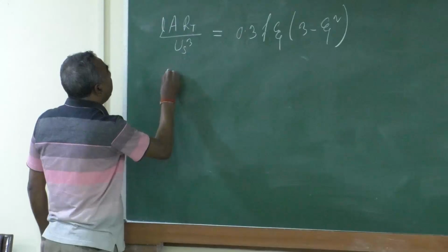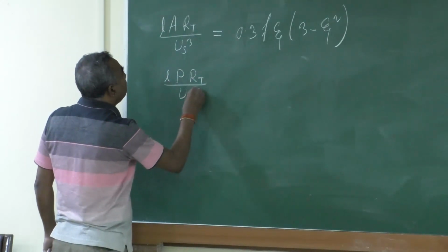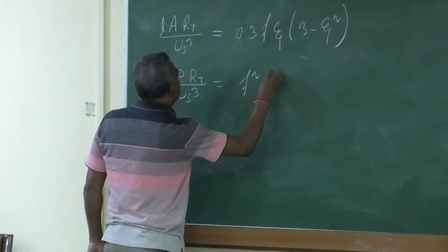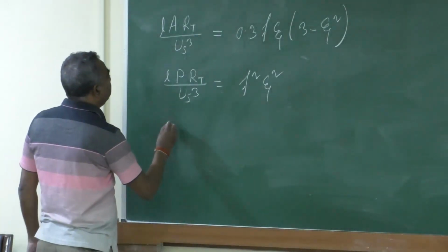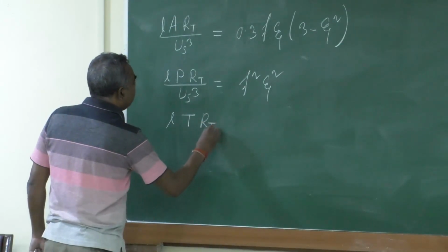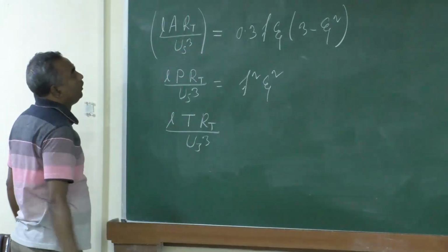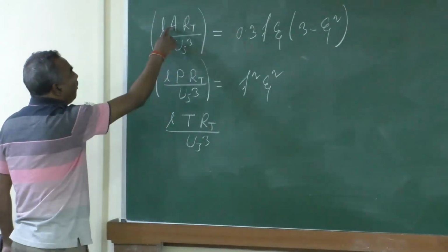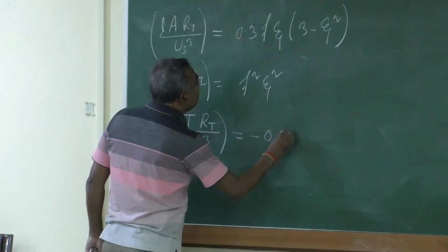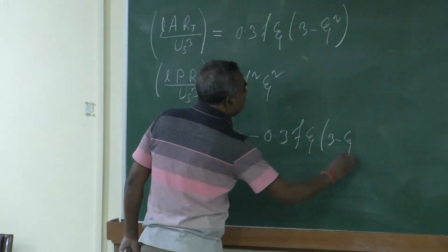Similarly, your L P R T by US cube will come as f square xi square, and your L transport term R T US cube. These are the non-dimensional values of advection, production and transport, which is exactly 3 minus xi square.